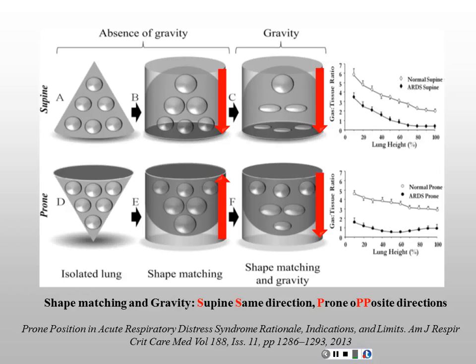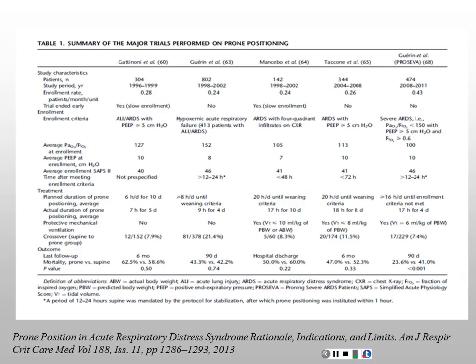In case of supine position, the shape matching effect and the gravity effect work in the same direction, causing more atelectasis of the lower alveoli and relatively hyperexpansion of the apical one. When you put the patient upside down, these two forces act in opposite direction, and this leads to homogeneous distribution of the air inside the lung, among other factors which can explain better oxygenation in ARDS.